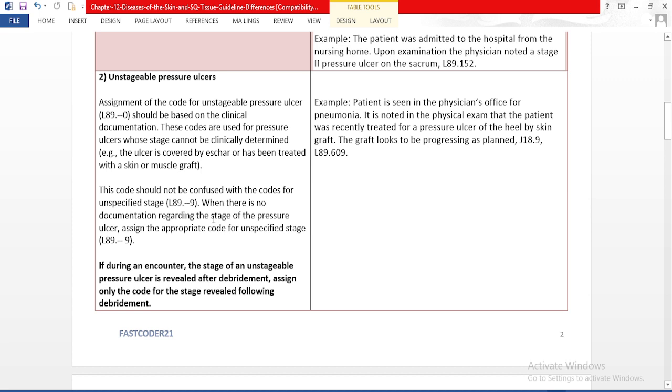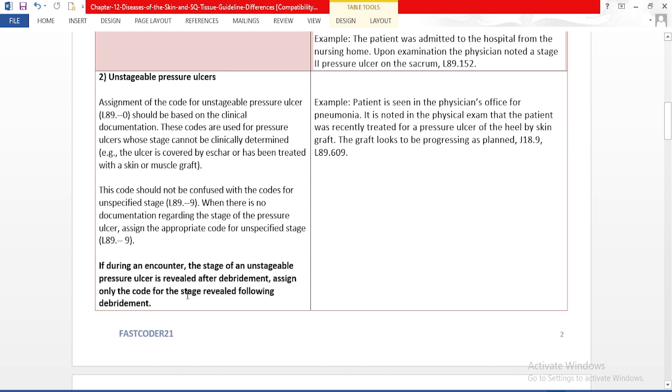In unspecified stage, the physician does not mention the stage of the pressure ulcer in the documentation. So we have separate series for unstageable pressure ulcer, L89.0, and unspecified stage, L89.9. So 0 means unstageable pressure ulcer, 9 means unspecified stage pressure ulcer.